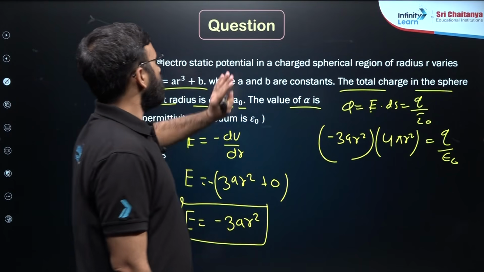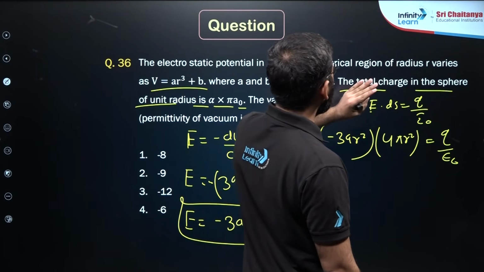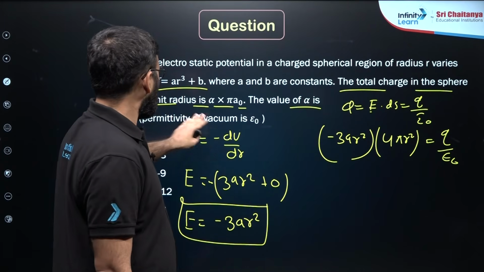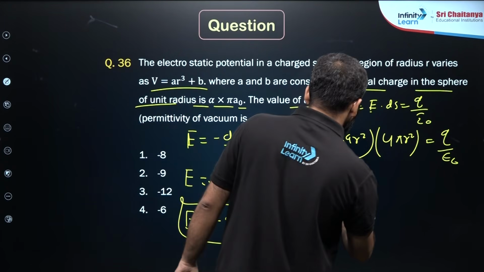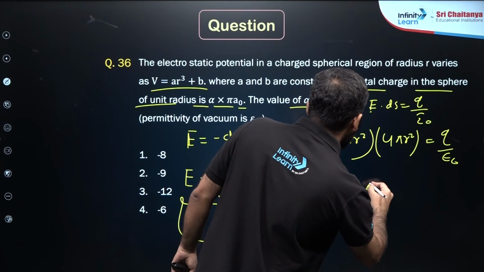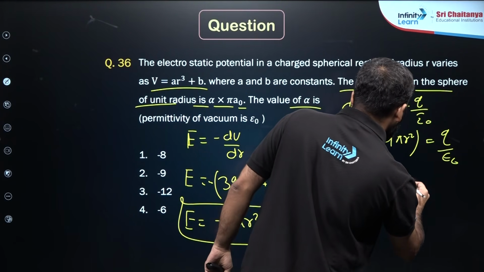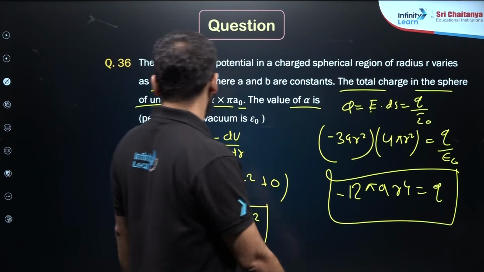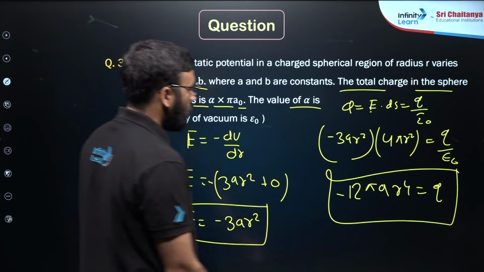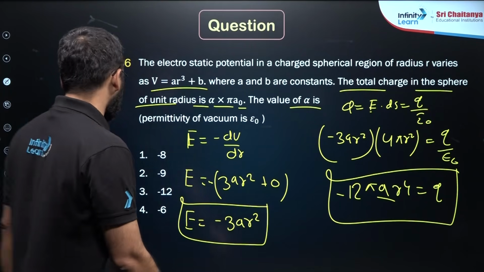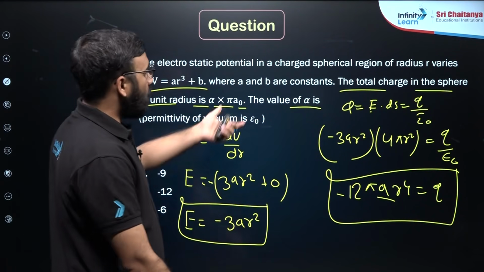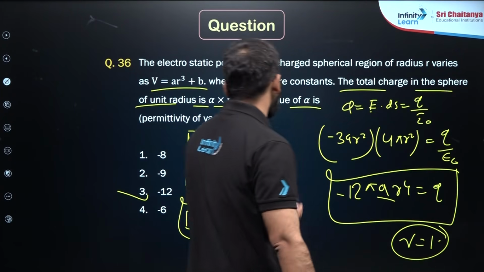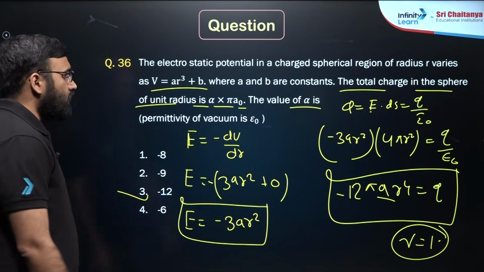So the total space is vacuum, so just you can multiply, so minus 12 pi A r power 4 equals to q. So this much charge beta. Okay, so what is my alpha value? Pi into A naught, this one you can consider. So the minus 12 is my final answer, because r you can just consider 1 here. Okay, 1 meter. So option third is your correct answer beta here.